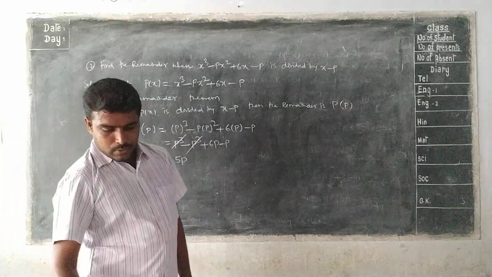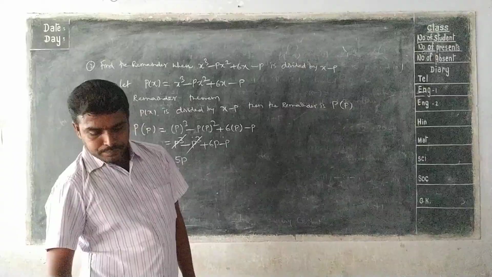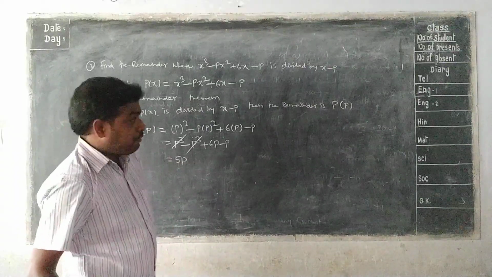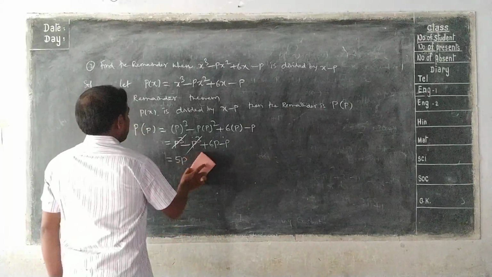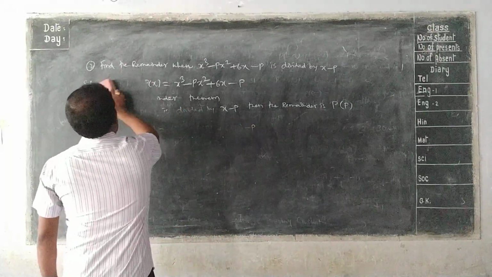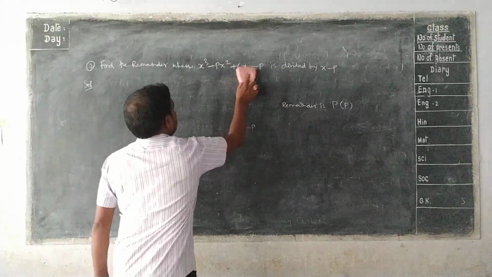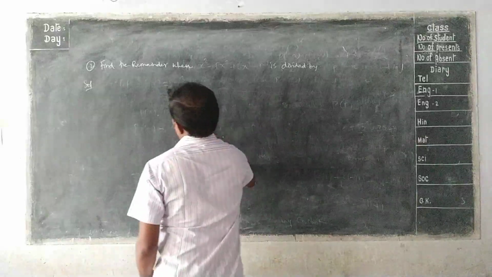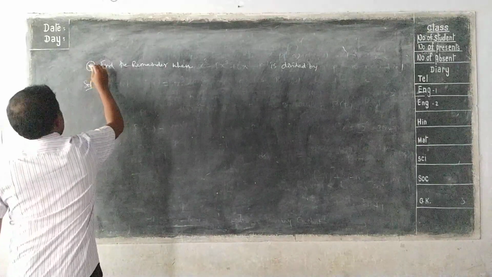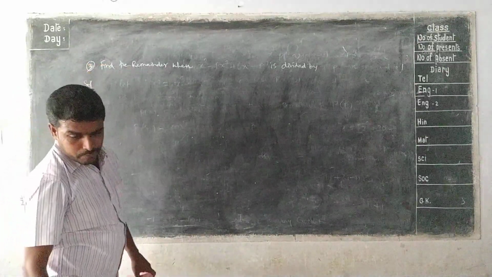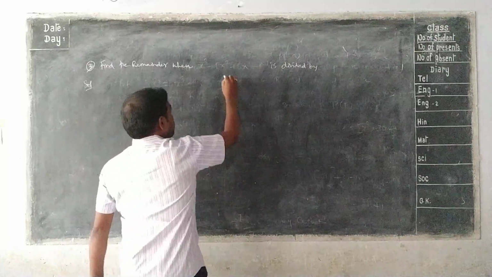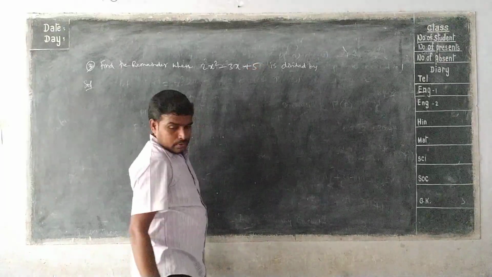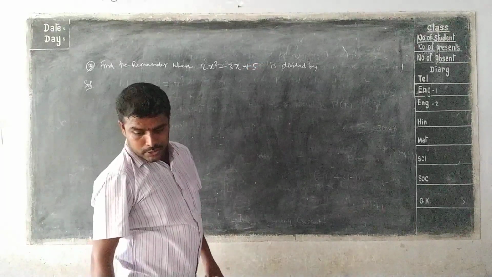Next, third one, find the remainder when 2x square minus 3x plus 5 is divided by 2x minus 3.